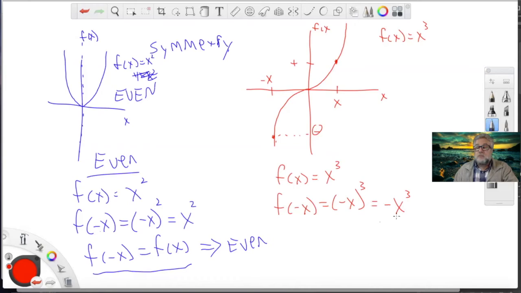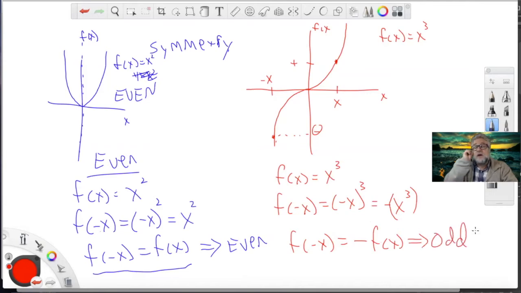So what I ended up with is minus my original function f of x. So if f of minus x ends up equaling minus f of x, then this thing is an odd function.